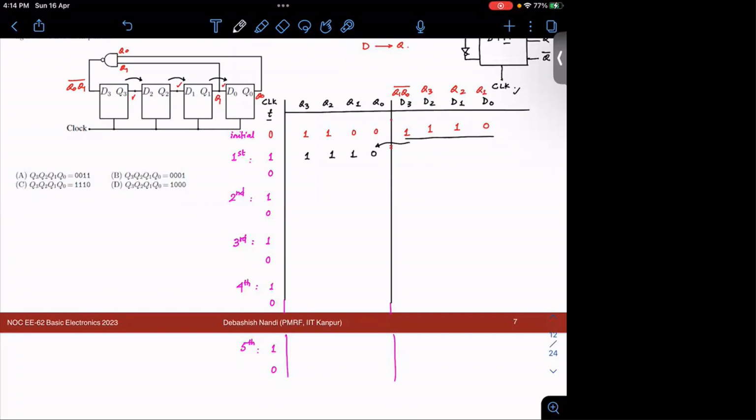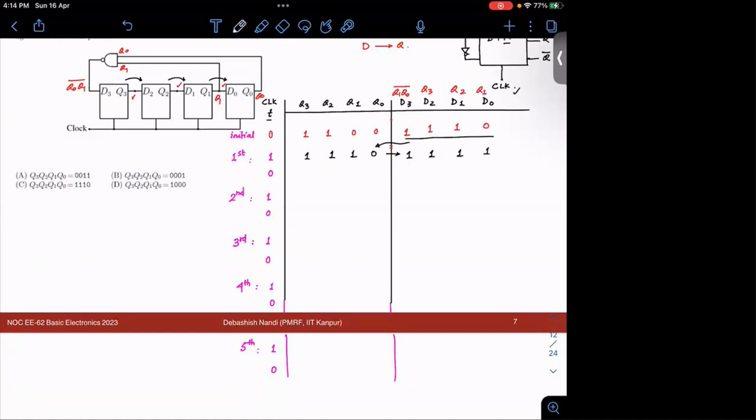And immediately your D3, D2, D1, D0 is also calculated based on this. So what will that be? 1, 0, then 0, and it will be 1. And then 1, 1, 1, right? The NAND operation of this will be here. This will be here, this will be here, and this will be here. Fine.